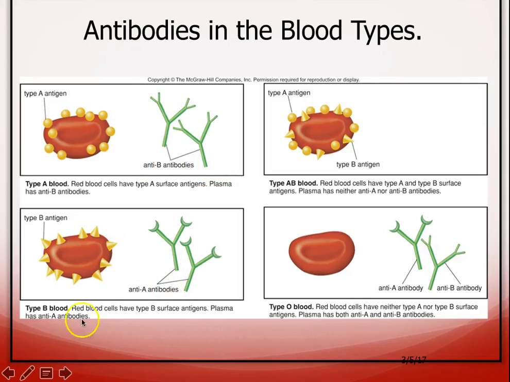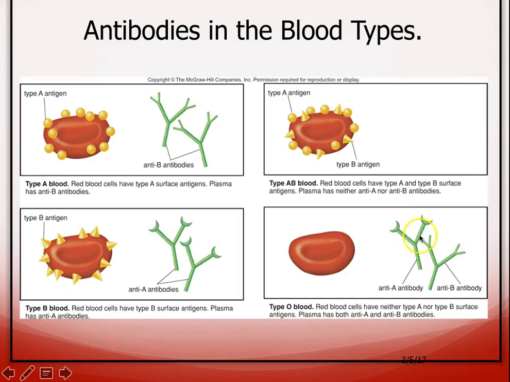Let's try that again. Here we have blood type B. So our antibody is the thing that is not us. So that's A. Okay, well, let's try that again. Here we have O. Well, what is not O is A and B, right?